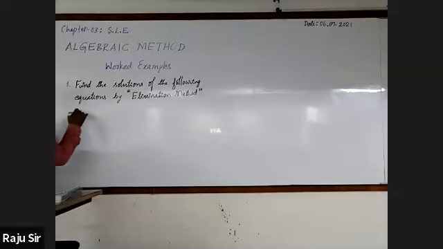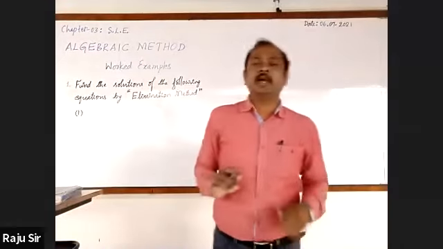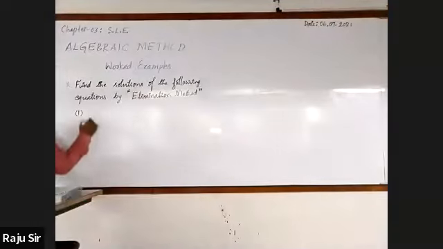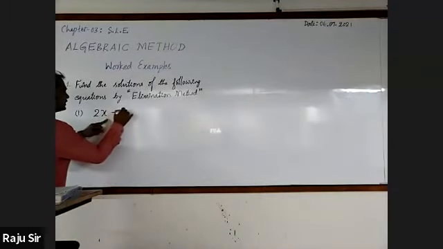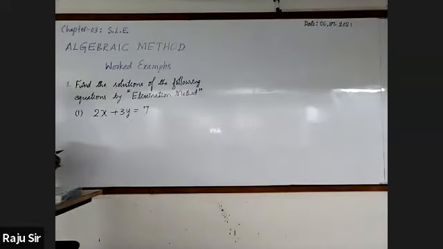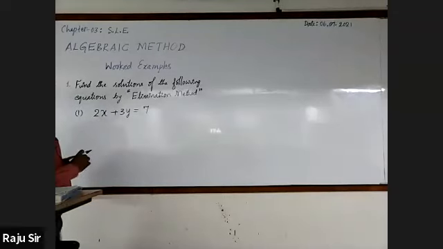In that, the first one, to help you understand, I am taking a very simple one. This is 2x plus 3y equal to 7. 2x plus 3y equal to 7.